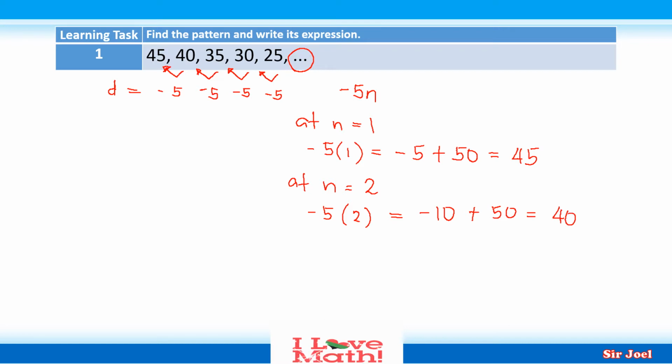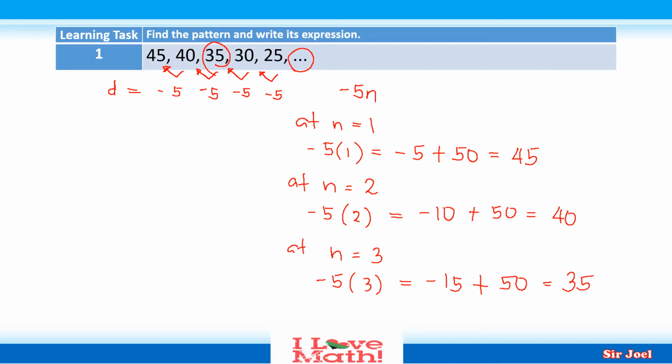Okay? Next, tingnan pa natin kung magsasatisfy ulit. At n equals 3, negative 5 times 3. The answer is negative 15. Pero what we need ay yung third term na 35. So, pag nag-add tayo ng 50, the answer is 35.